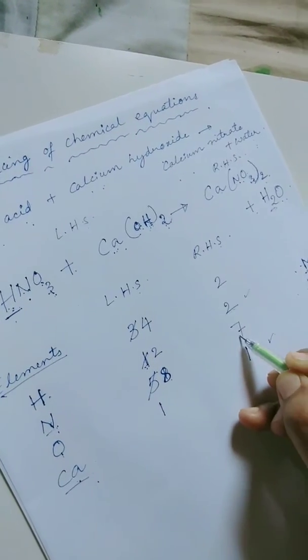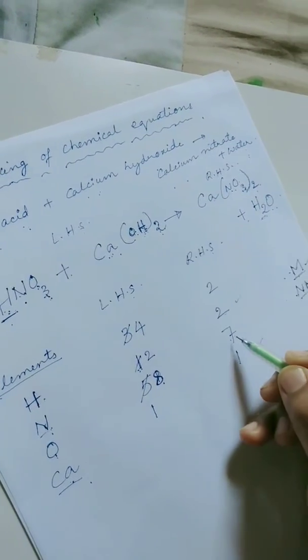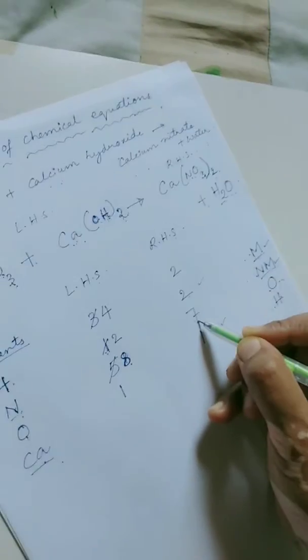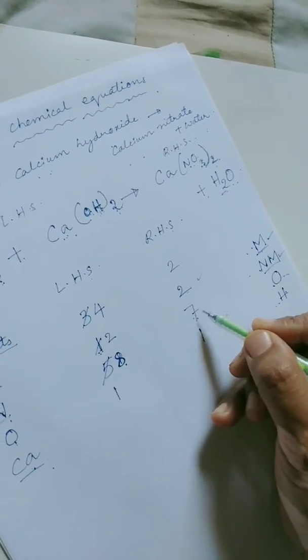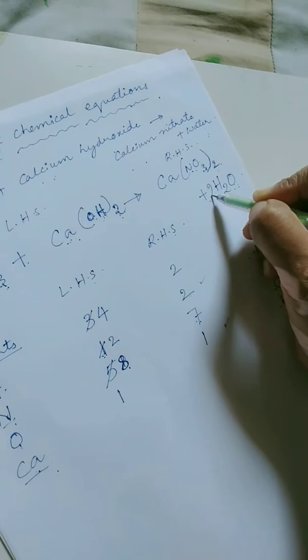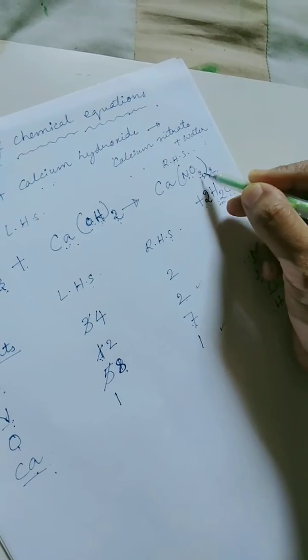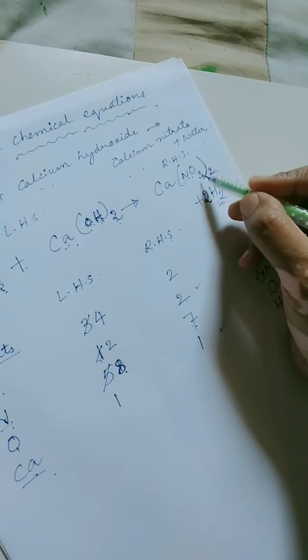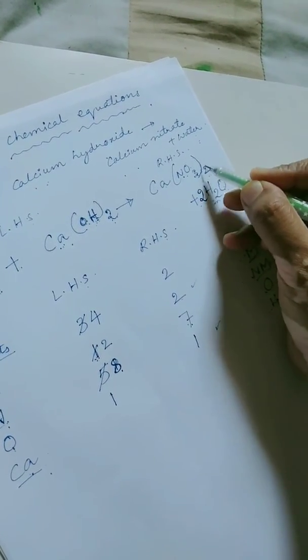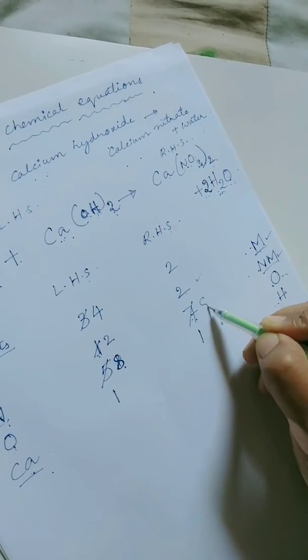Let us see here. LHS, we have 8 atoms of oxygen, and in RHS we have got 7 atoms of oxygen. So let us change oxygen over here. Let us keep 2 here. Now how many oxygen atoms are here now? 3 2s is 6 plus 2, that is 8 oxygen.